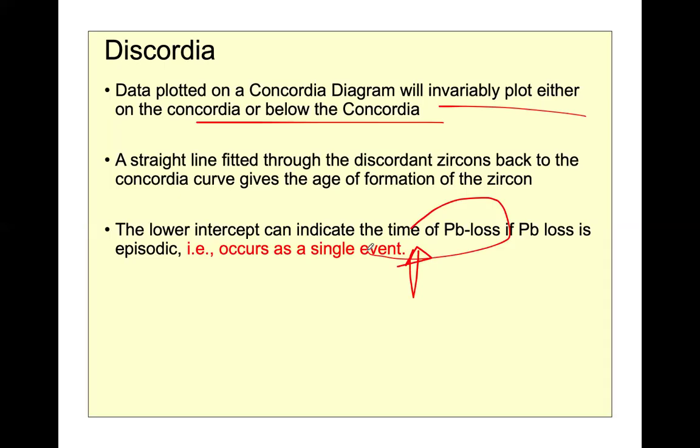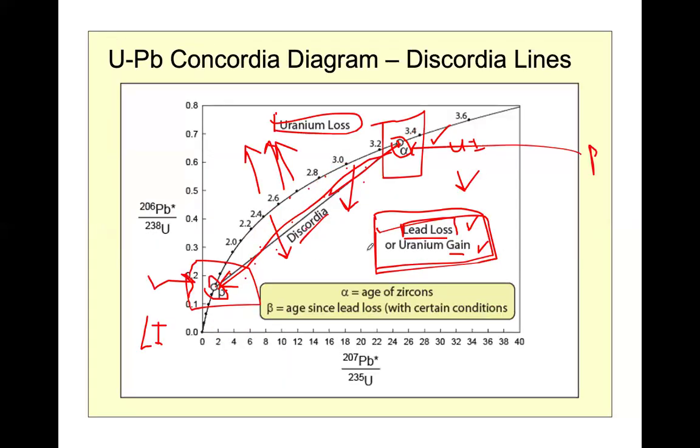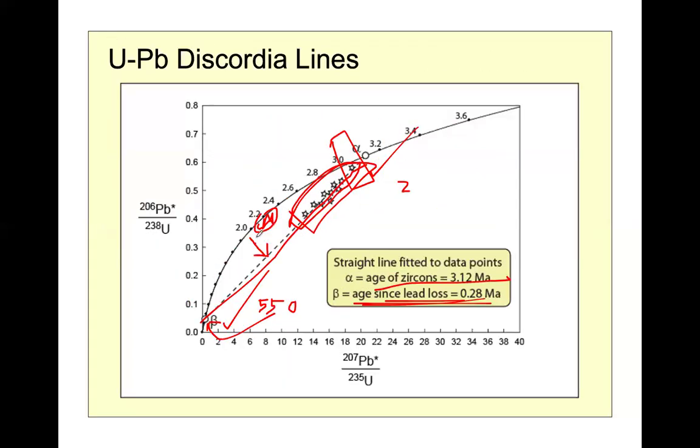Lead loss event. But if it happened only once, that will be shown like that. But if it occurs in multiple events, then you will still see this discordia, but the age that you are implying from that discordia may be meaningless, right? Because you don't know how those multiple lead loss events occurred.